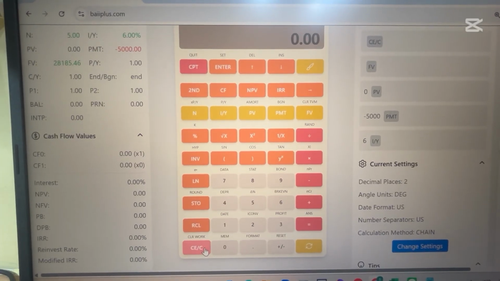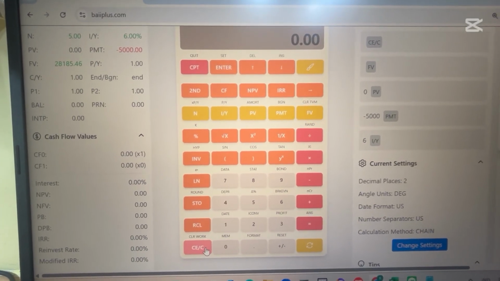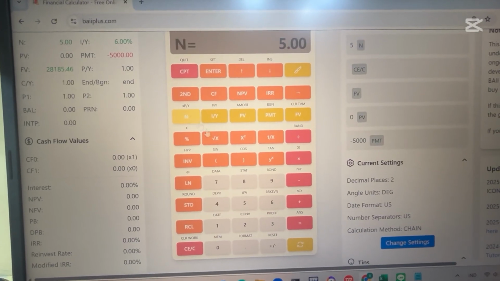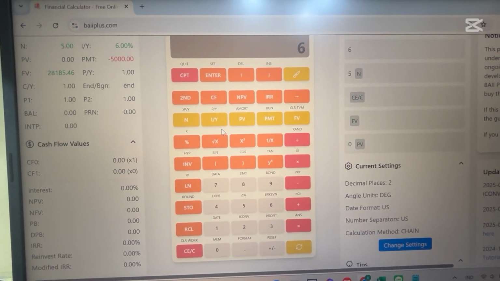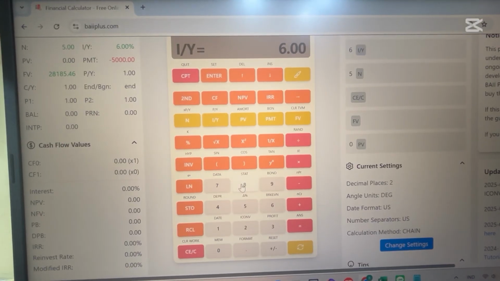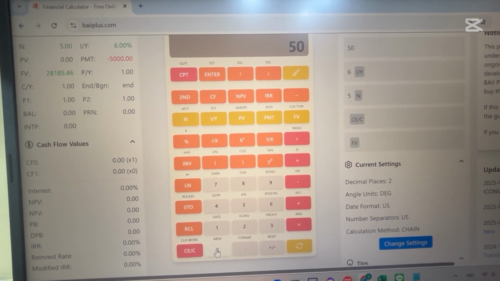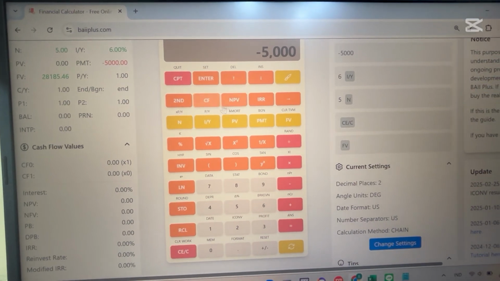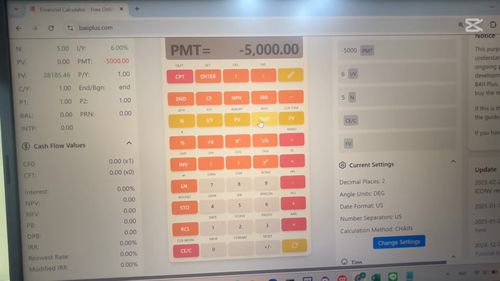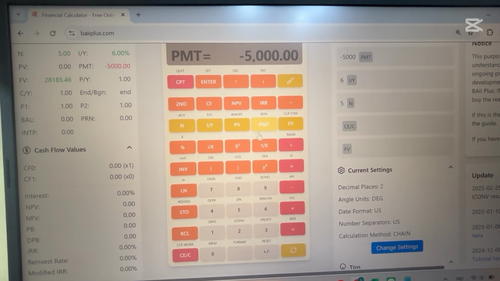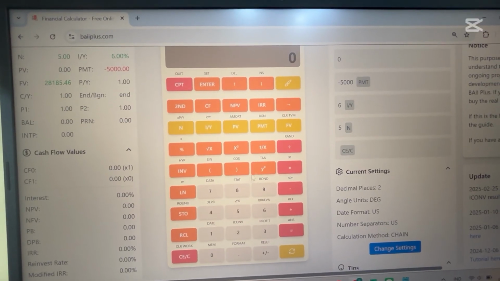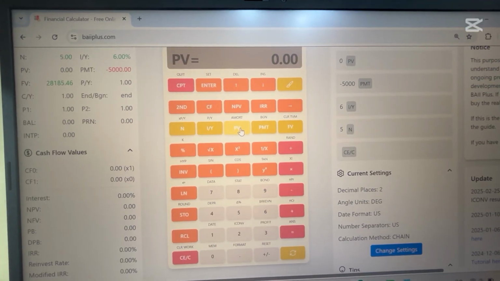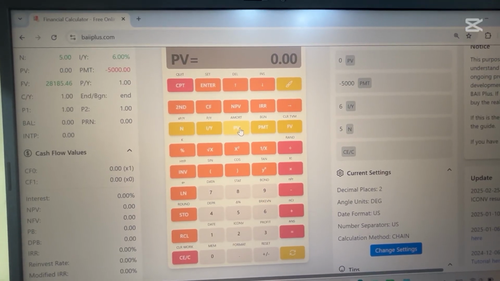Or we can use the financial calculator on the website. Just enter 5 as the number of years, then 6 as the interest rate per year, then negative 5,000 as PMT, because this is the money that we receive. Then press 0 for present value, because there is no initial investment.